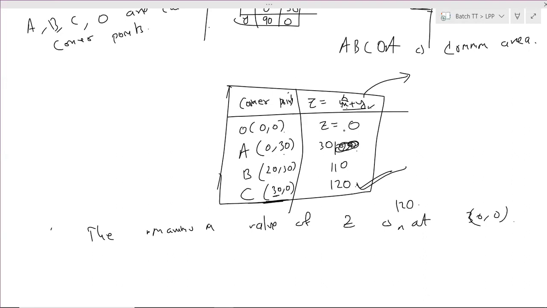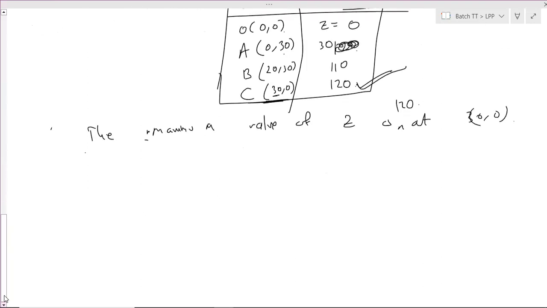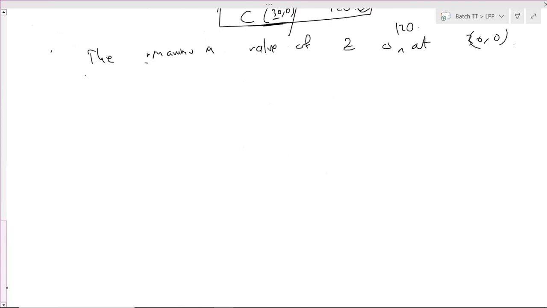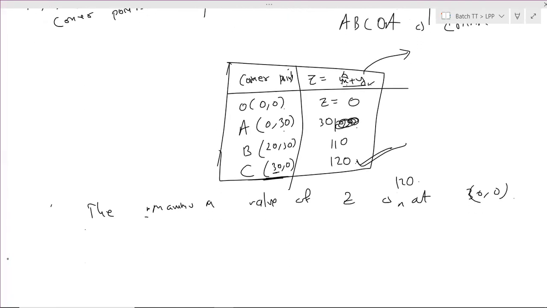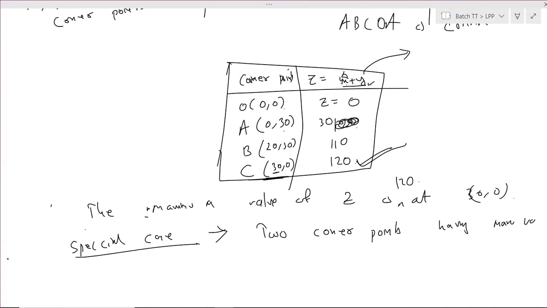So I hope this is absolutely clear. Now a special case. Sometimes what will happen is you will get two equal values. Suppose this was also 120. Then what we will say?